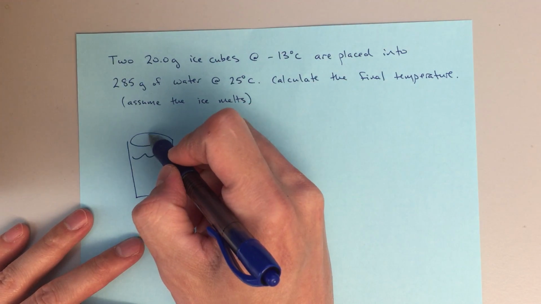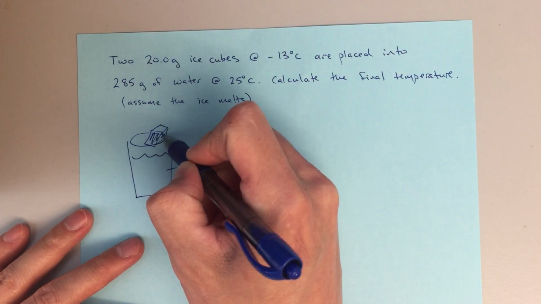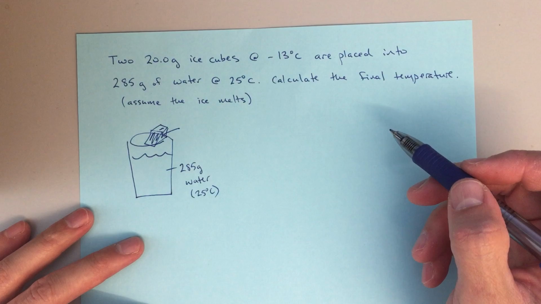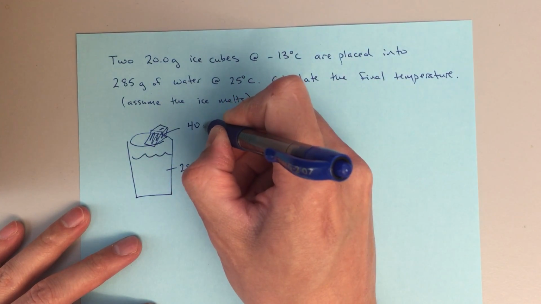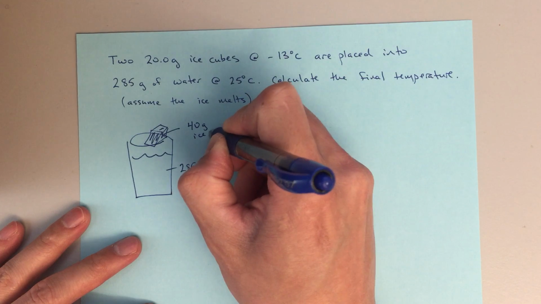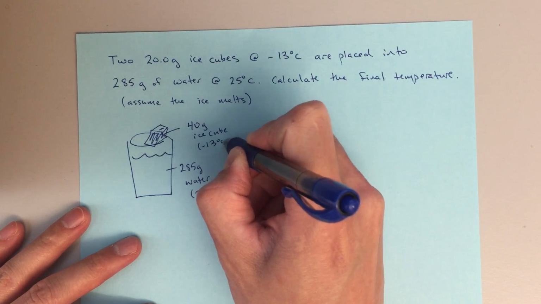And then we're going to put in our ice cubes, right? It's a little confusing that it says two 20-gram ice cubes. We can just put in one 40-gram ice cube, right? It's going to be the same thing, and that's at minus 13 degrees Celsius.